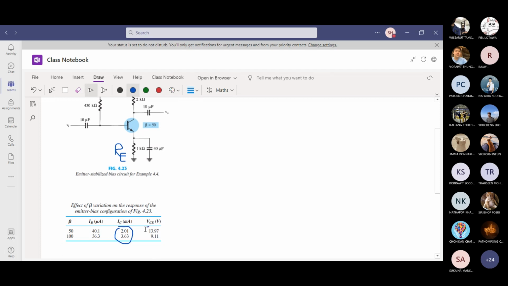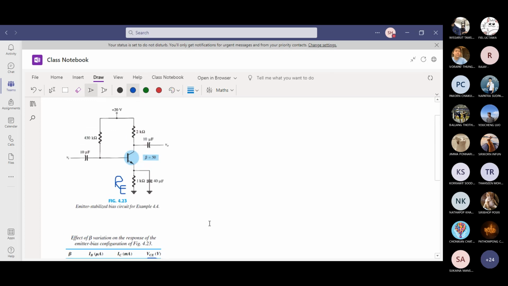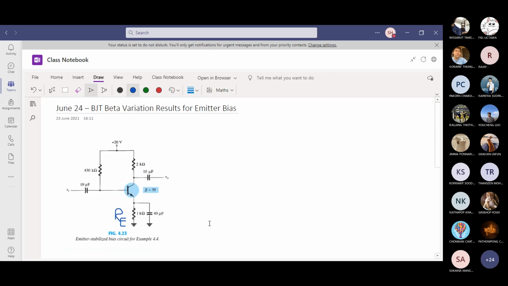And VCE dropped from 14 to 9, which is less variation. Not ideal, but if you compare the first case and the second case, the emitter stabilized bias is more stable than the fixed bias. And then we will study more biasing circuits, which are even better than the emitter bias, because the output almost does not depend on beta. That is for the next class.